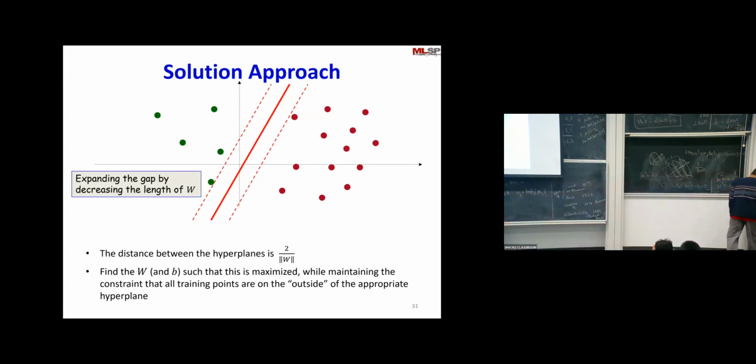If I have something like this, I have W transpose X minus B, and this is my plane. So let's say I have my two data points. If I've drawn my original plane like so, and then these are my two boundary planes, I can keep pushing them, and I shorten W. Both of them are going to move by the same distance.